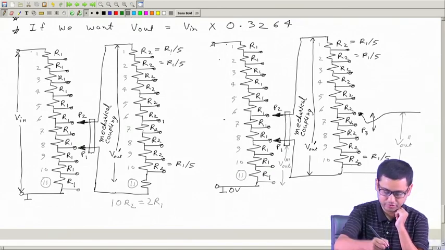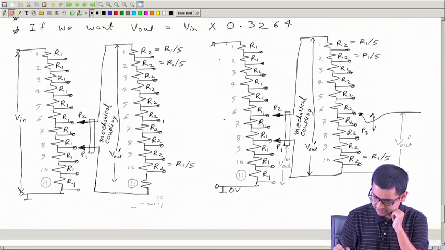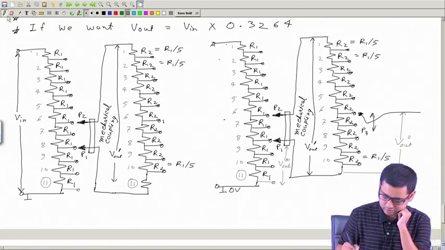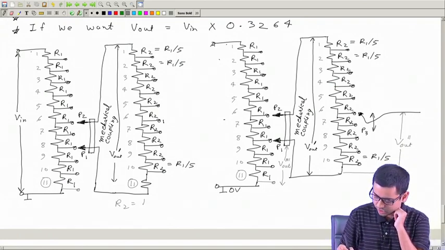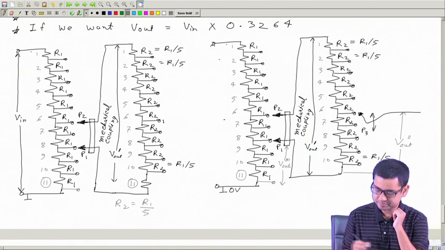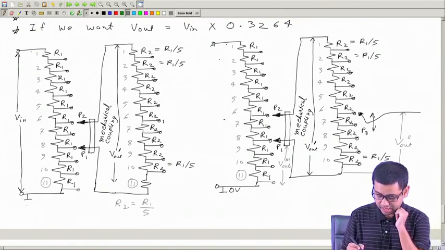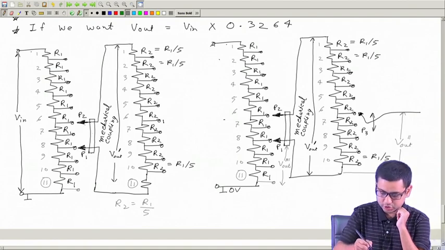Okay, fine. So let me write it directly. R2 is R1 by 5. And these two are mechanically coupled together, so they move together.